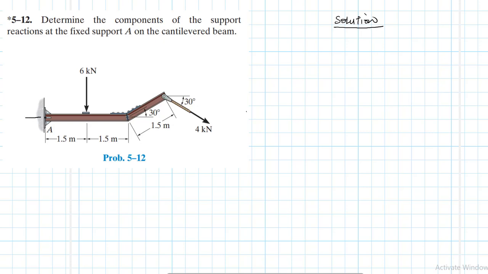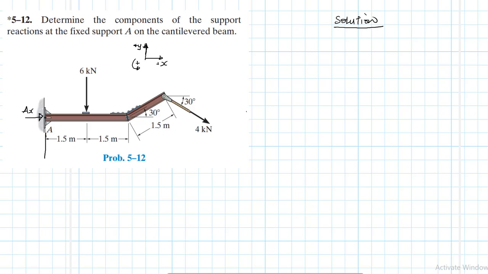So we expect to have a reaction force in the X direction if this is our coordinate system. This is our X, this is our Y, these are all positive, and we have our moment like so, which is also positive in that manner. So this is AX, right?